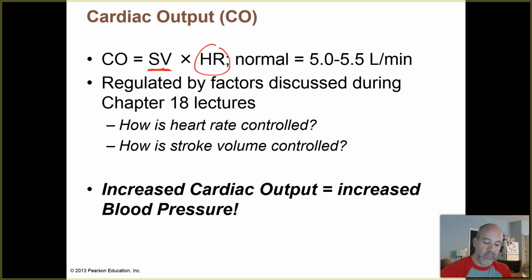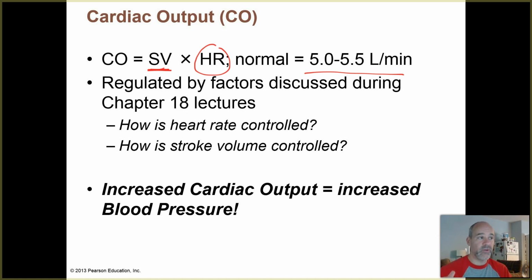That gives you a volume which in an average adult is about 5 to 5.5 liters per minute. That 5 to 5.5 liters per minute is the amount of blood flow you have throughout your entire systemic circulation each minute.